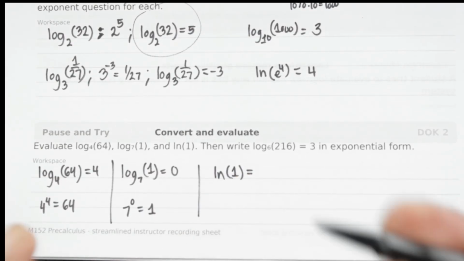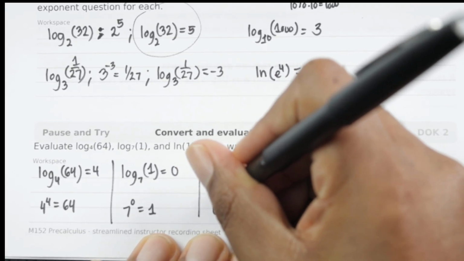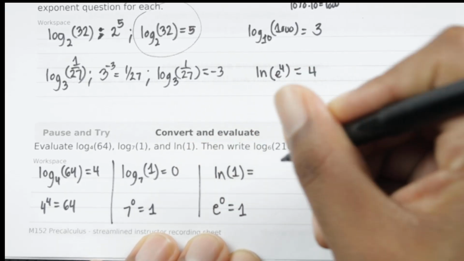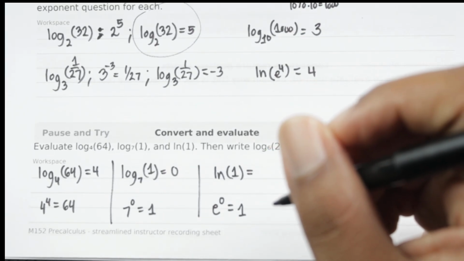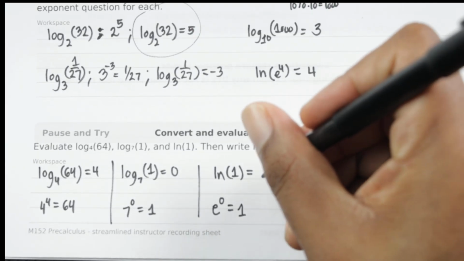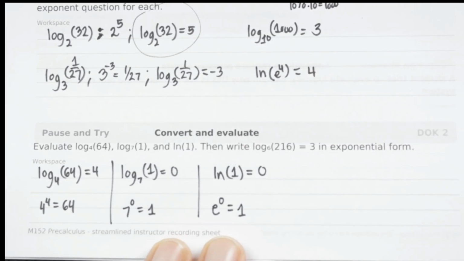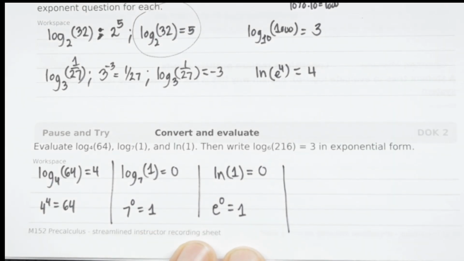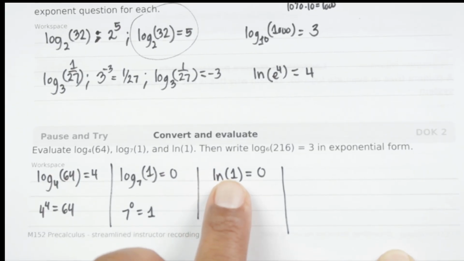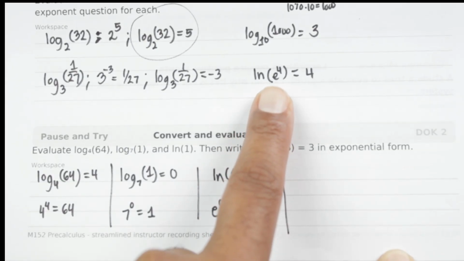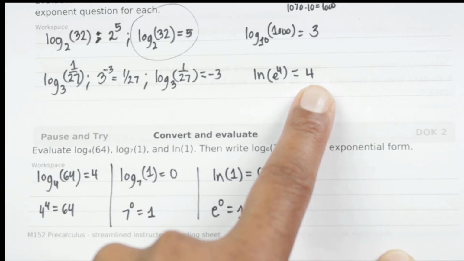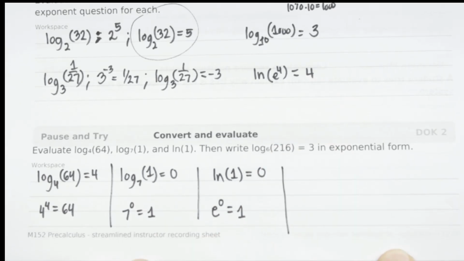Again, e raised to the power of 0 gives me 1. Notice the difference, but also the similarity, in these two problems. This is a natural log, so anytime you see a natural log, it's going to be e raised to something, and that's why the exponent ended up being the solution here.